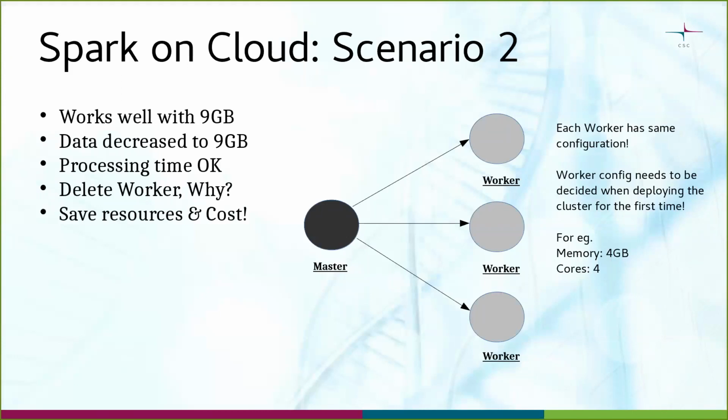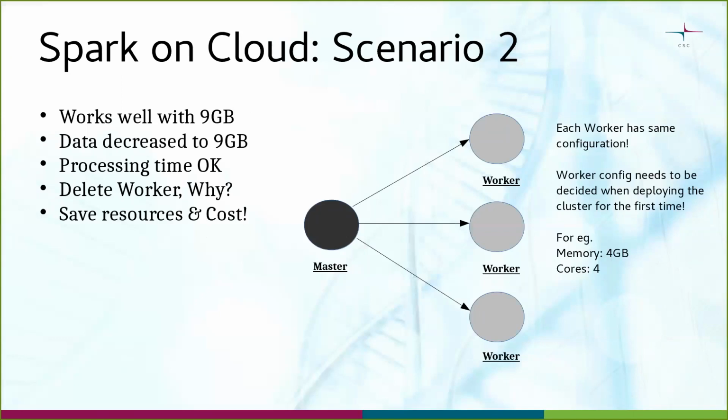So in the next scenario, my current setup is working very well with 9 GB of data, but suddenly my data has decreased back to 6 GB. Okay, sorry, there's a small typo here. This should be 6 GB of data. So the data has decreased back to 6 GB now from 9, and the processing time hasn't changed, because you have more resources to process a lesser amount of data.